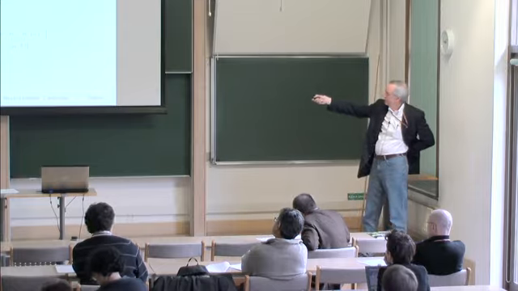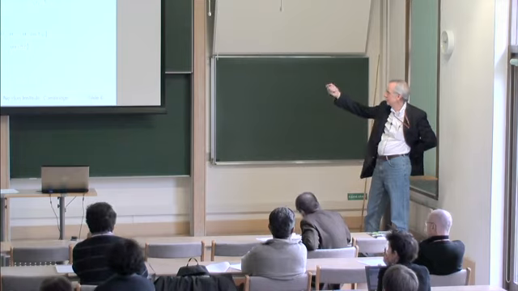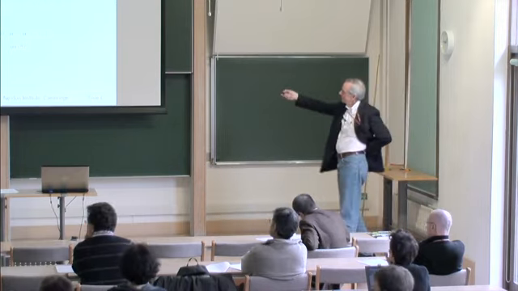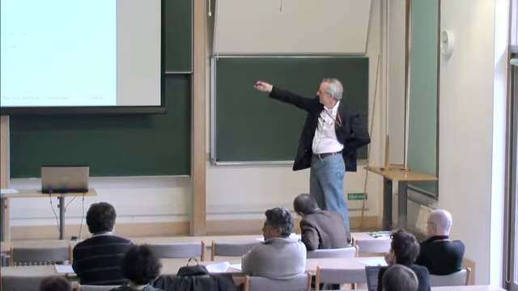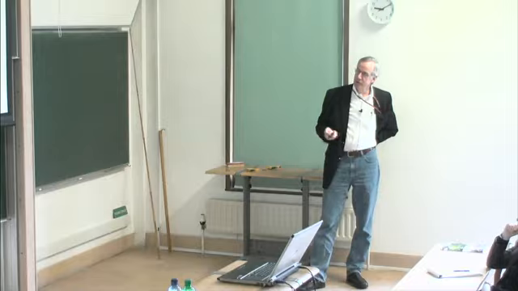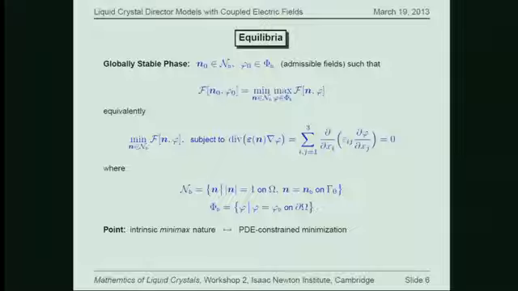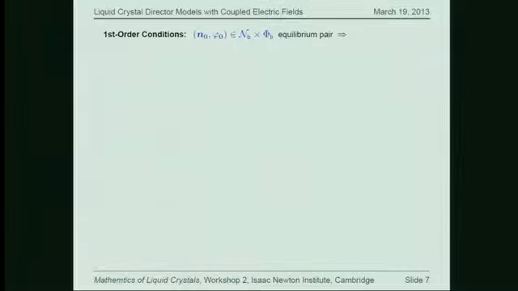So equivalently, you can look at it as minimizing free energy subject to a side constraint that the electric potential satisfies the appropriate electrostatic condition. But it's this minimax aspect that gives a bit of a headache at the numerical level. So one point is that there is an intrinsic minimax nature, or you can think of it as a PDE side constraint minimization of the liquid crystal director.